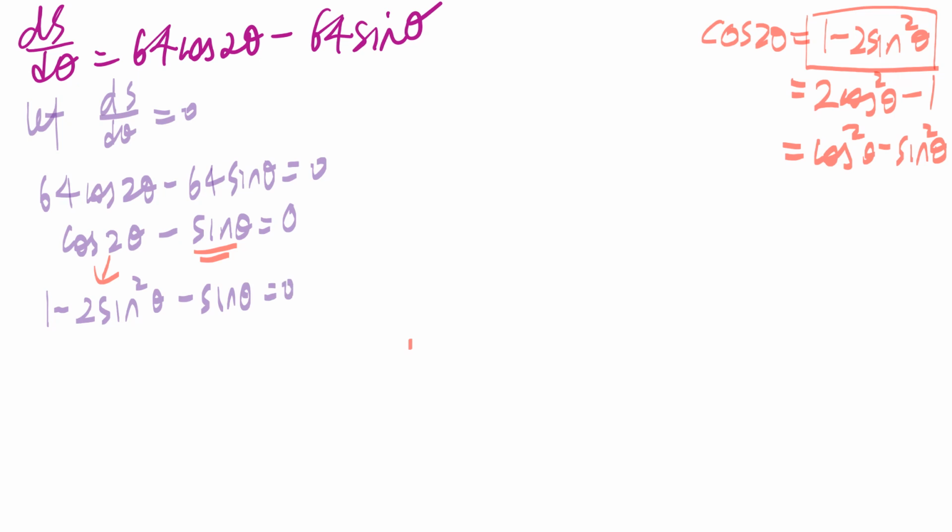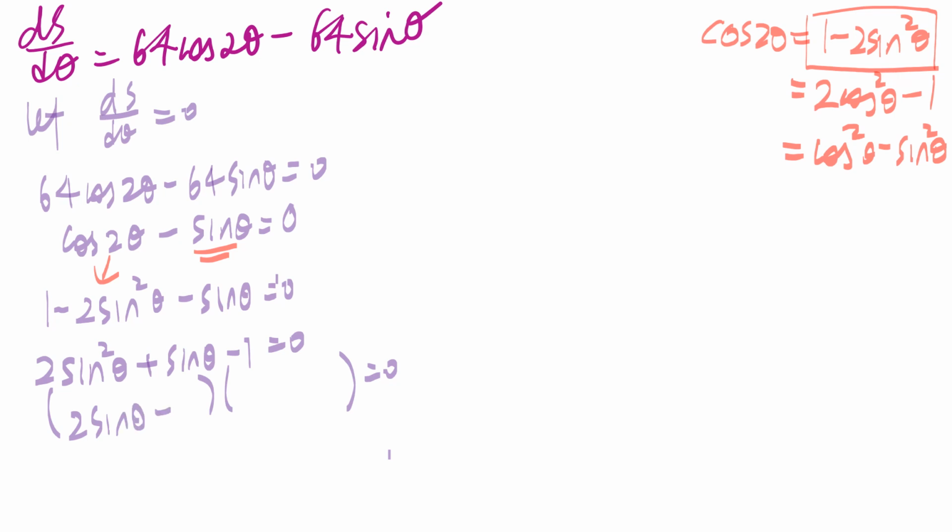I'm going to multiply every term by negative 1. The reason is I want to make negative 2 sine squared theta positive. If you use your calculator to help you with the factorization, you will have 2 sine theta minus 1 and sine theta plus 1. So from there, sine theta equals half or sine theta equals negative 1.